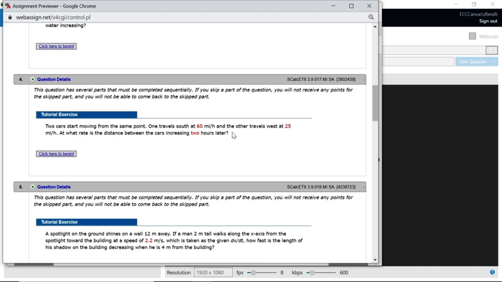Maybe traveling in different directions at different speeds, and we want to find the rate at which the distance between the objects is changing. If you draw a diagram for the situation, you'll get a right triangle out of the diagram, and essentially you'll be using an application of the Pythagorean theorem.